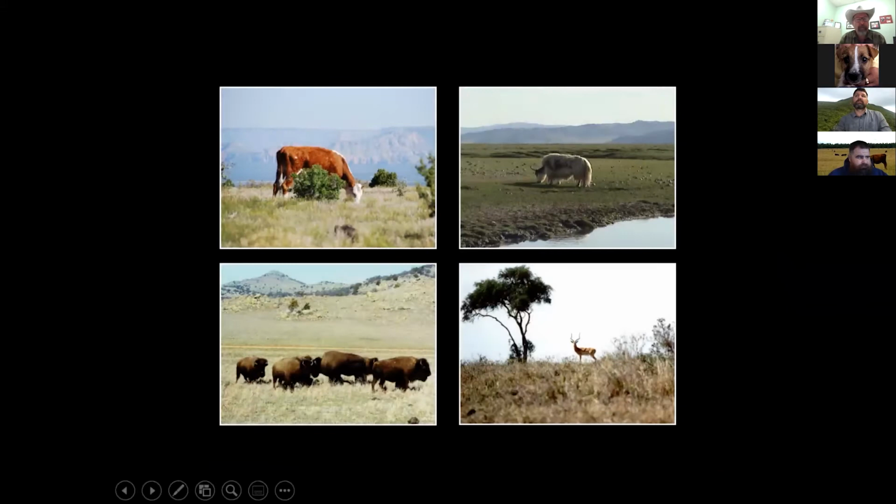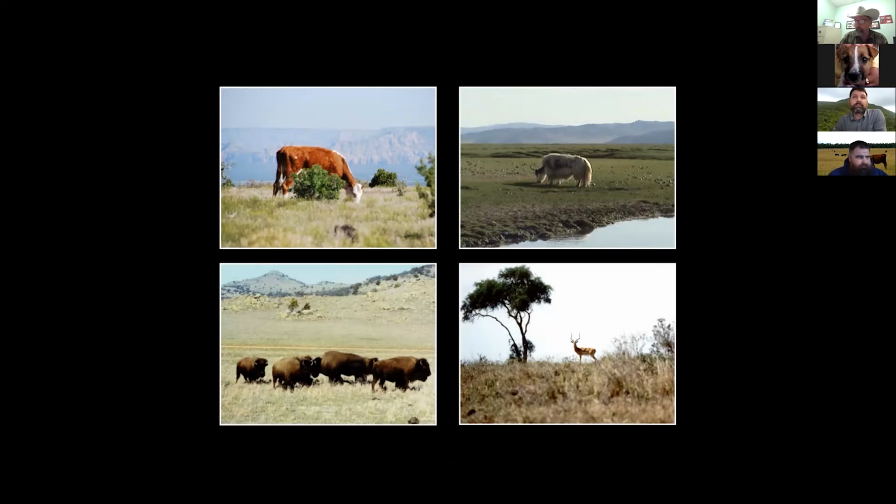There we go. So the concepts that we're going to talk about today are not just for Arizona or Texas, and they're not just for cattle. These are concepts that can apply across domestic livestock of various species, wildlife. These can be domestic here in the United States or internationally: Asia, South America, Africa.